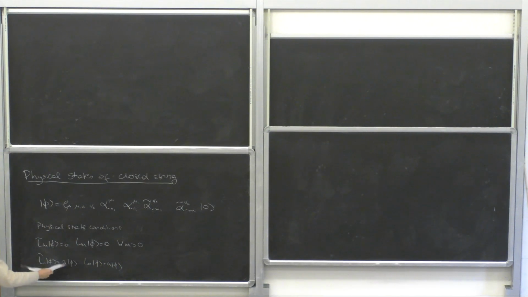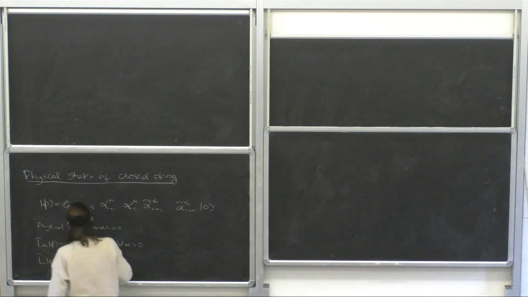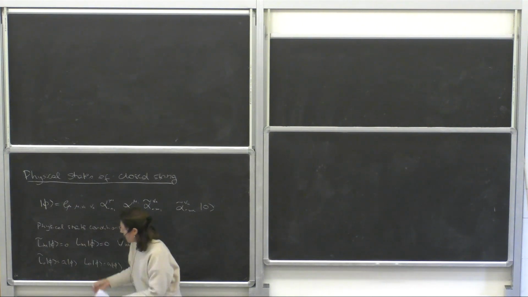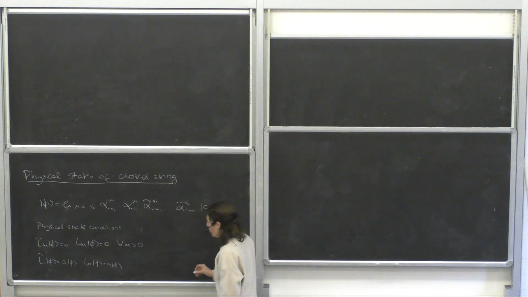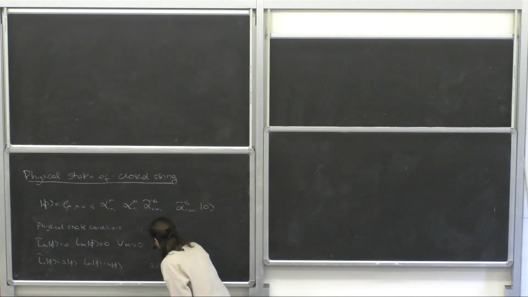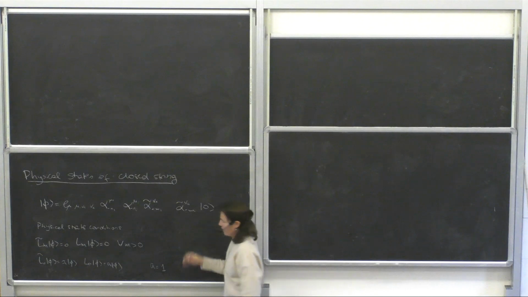And this a appears in the same way as in the open string from this commutator, so a is the same. And a is the same for the left and on the right, because it's the same type of commutators that you do. And so we anticipated that a was equal to 1, so a is equal to 1.